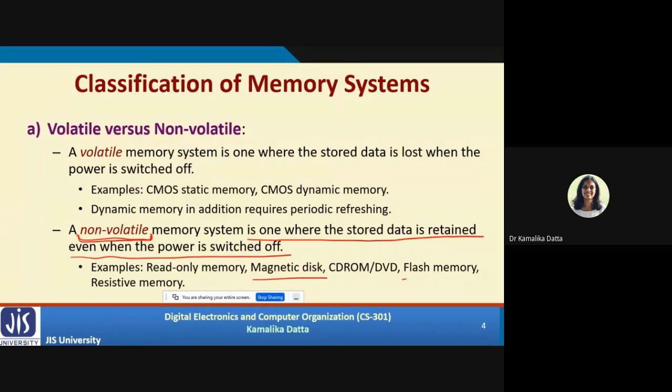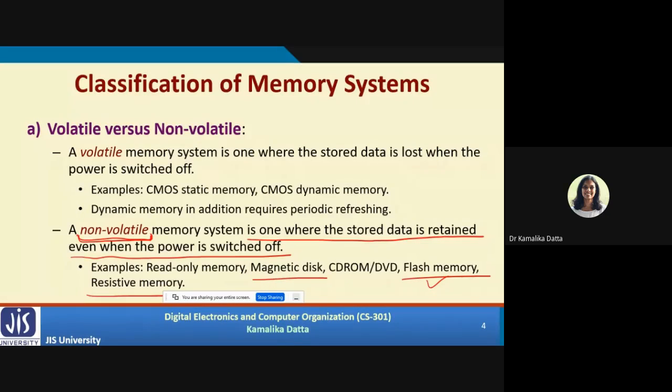There are various technologies through which you can build non-volatile memories, and one of them is flash memory technology. You have heard of SSDs. These days, laptops come with SSDs. Earlier, it was magnetic disk. Now it also comes with flash memory, SSDs, which are much costlier.